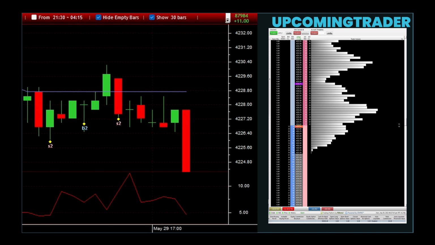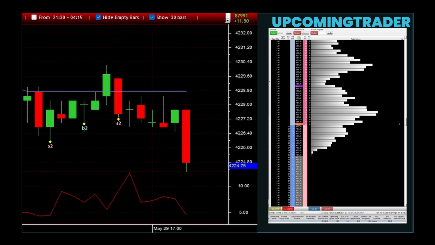Conversely, a B-shaped profile shows initial buying pressure, which is then followed by selling or distribution. This pattern indicates that early enthusiasm from buyers was not sustained, and sellers eventually took control, signaling a bearish sentiment.